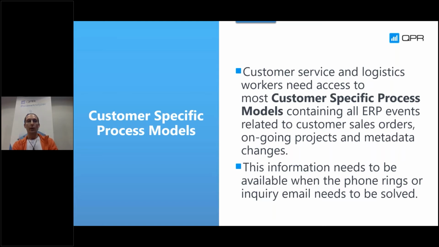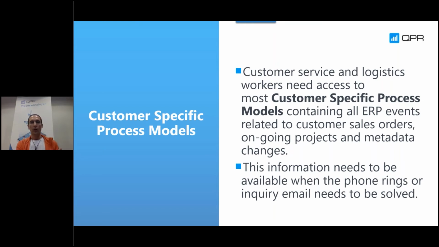So the customer service or the logistic worker again goes to ProcessAnalyzer and opens the model with the settings that I want this model to be created for this particular customer. And then you have the analysis ready, up and running. You can see all the open flows that are there, and you can also see the past cases.